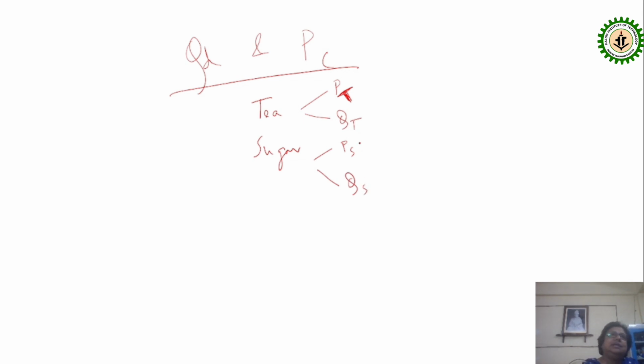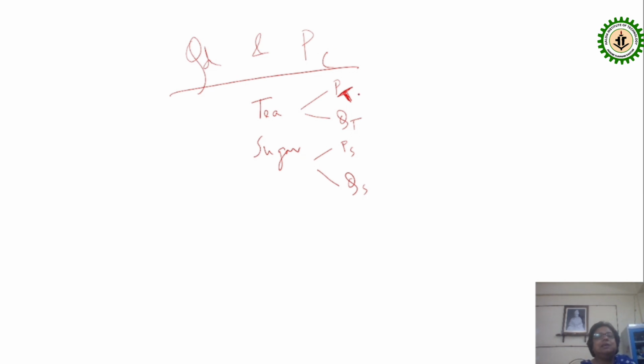Now we are considering that we always use sugar. The assumption is that we are not diabetic, and that we use sugar for tea only, not for any other purpose. So tea and sugar are complementary to each other.